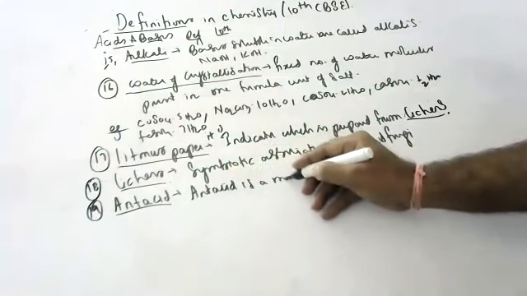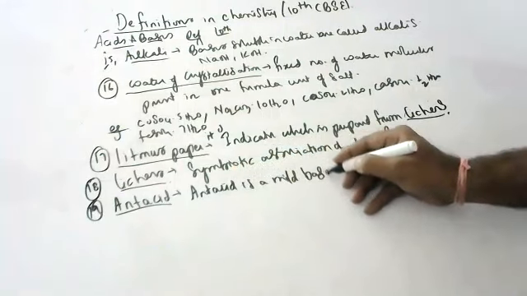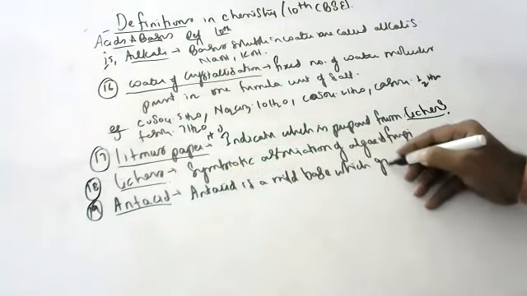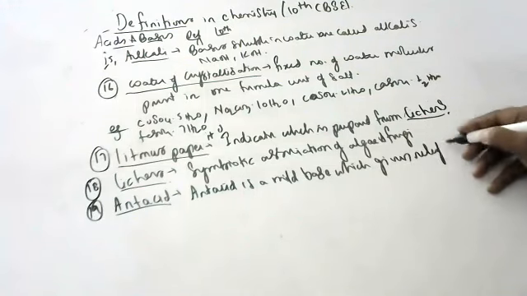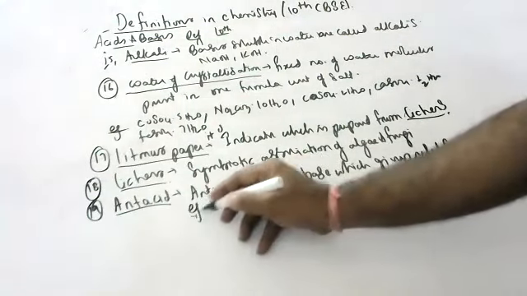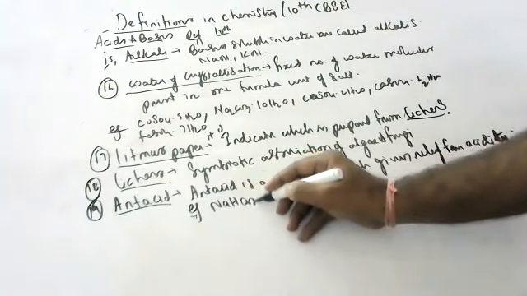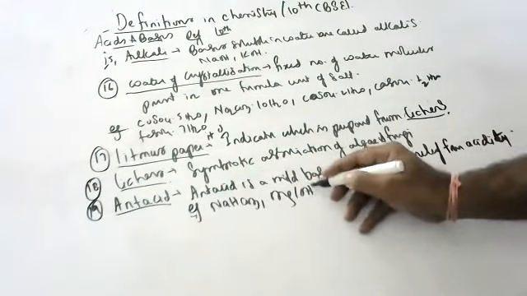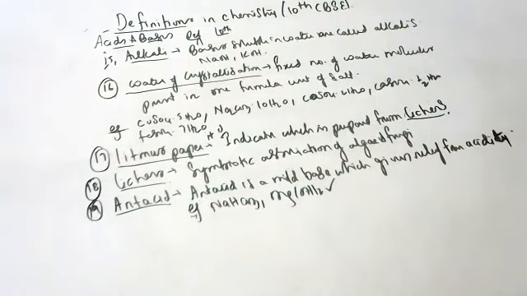Antacid is a mild base which gives relief from acidity. Some famous examples: NaHCO3, Mg(OH)2, milk of magnesia. Baking soda is present in our house only.